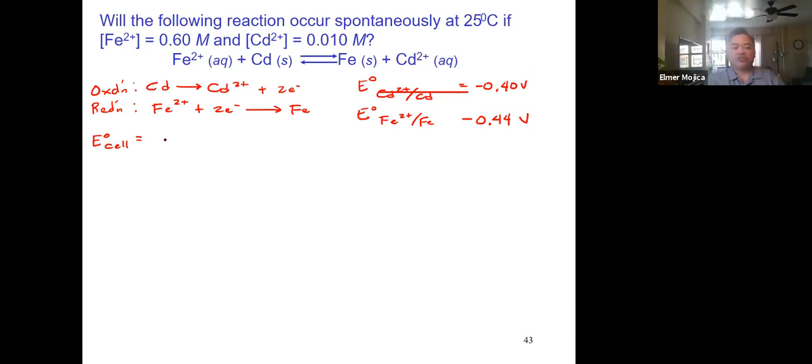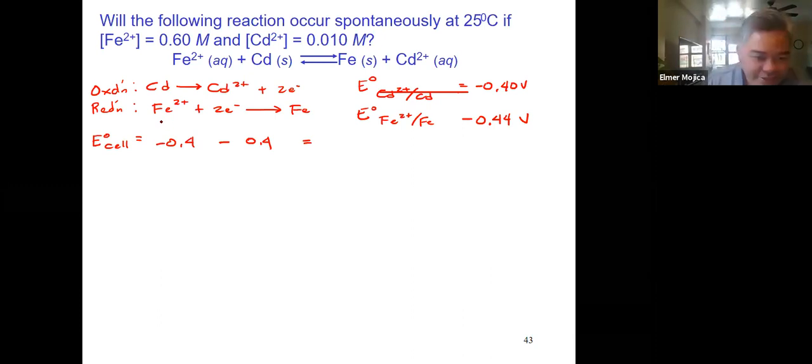So how will I arrange this thing here? So what is this, 40 or 44? So it's 44 minus 40 or 40 minus 44?